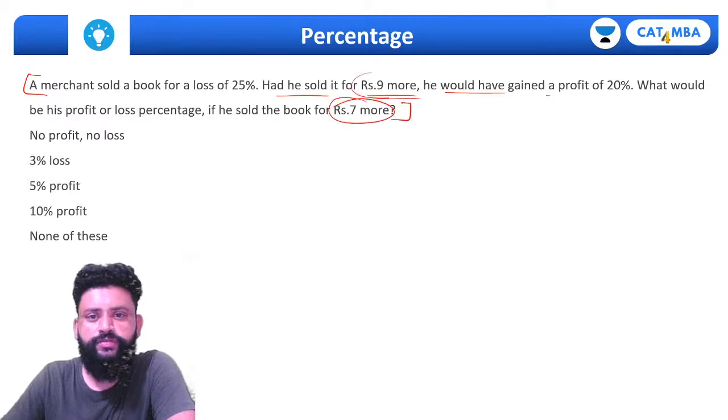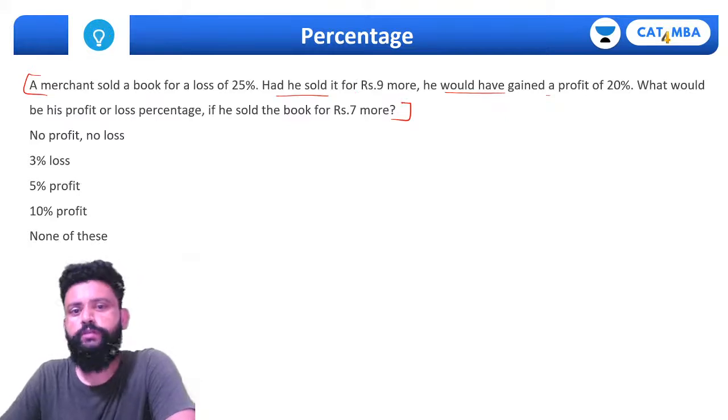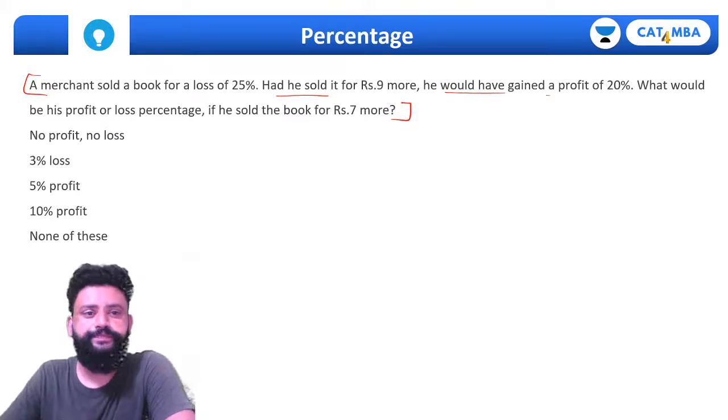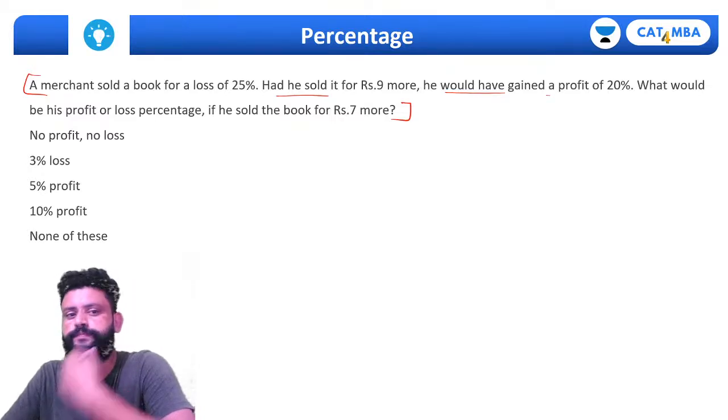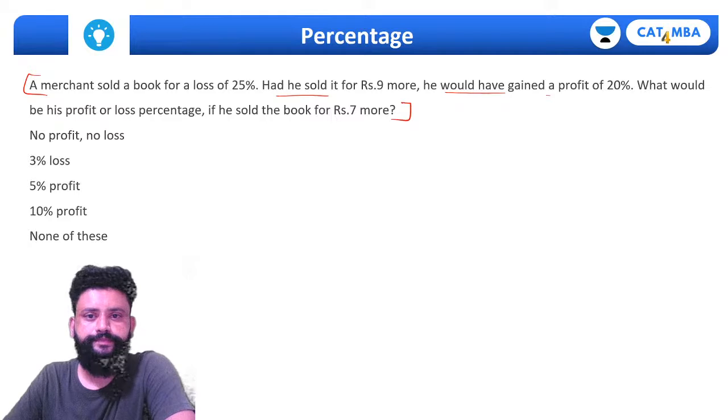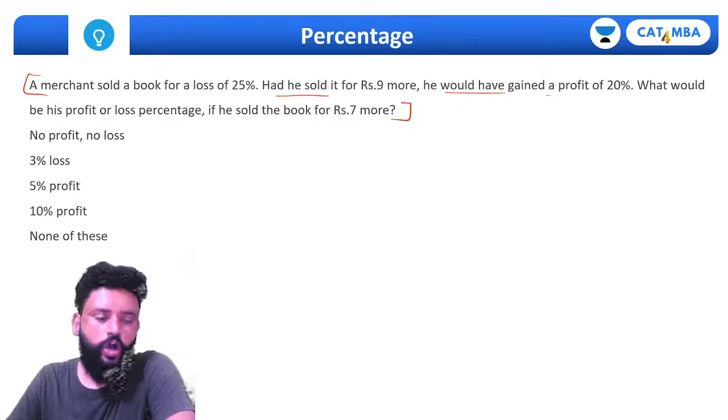Means instead of 9 rupees, he's saving, if he sold the book for rupees 7 more. Anyone? We don't know the cost of the book.